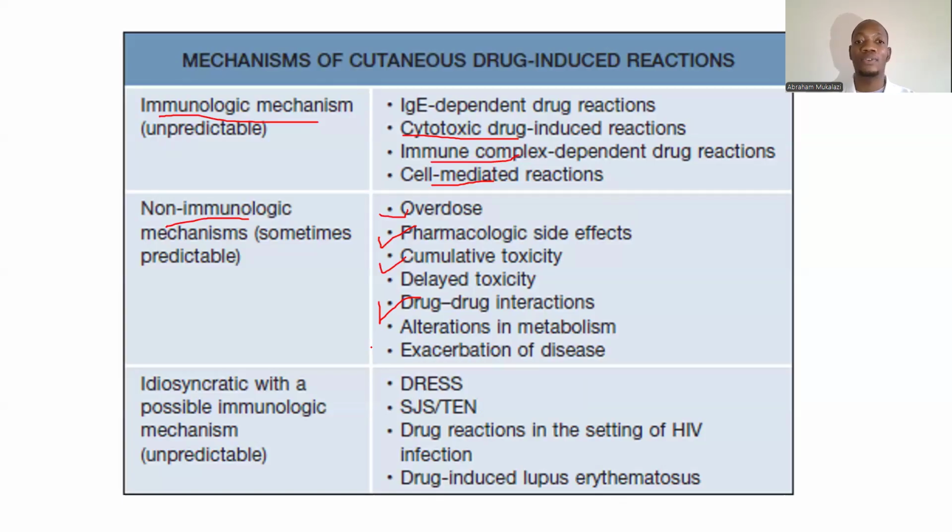Then some drugs can also cause alteration in the metabolism, and this at the end of it all can give you an adverse drug event. And sometimes it is the disease process that can be exacerbated by the drug that you're giving. I'll give an example. So sometimes we give drugs like the biologics that are intended to maybe treat different inflammatory processes like psoriasis.